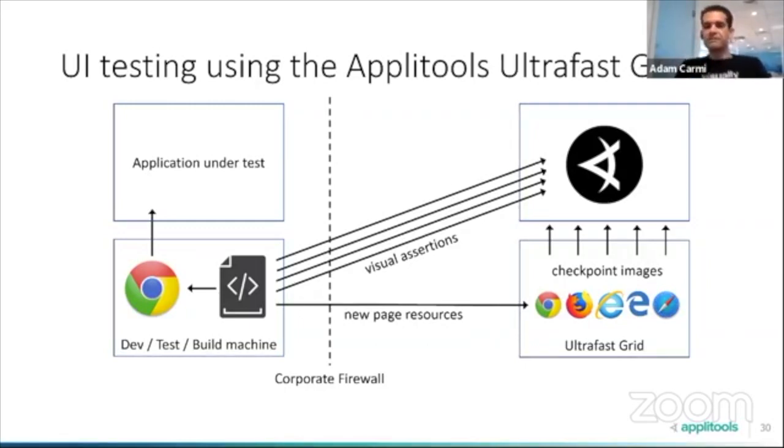Now, the Applitools Ultra-Fast Grid works very differently from traditional grids that you are probably familiar with, in the following way. With a traditional grid, if you have 1,000 tests and you want to run them on 20 different devices and browsers, you basically need to alter your test framework to run each test 20 times, once on each of these devices.